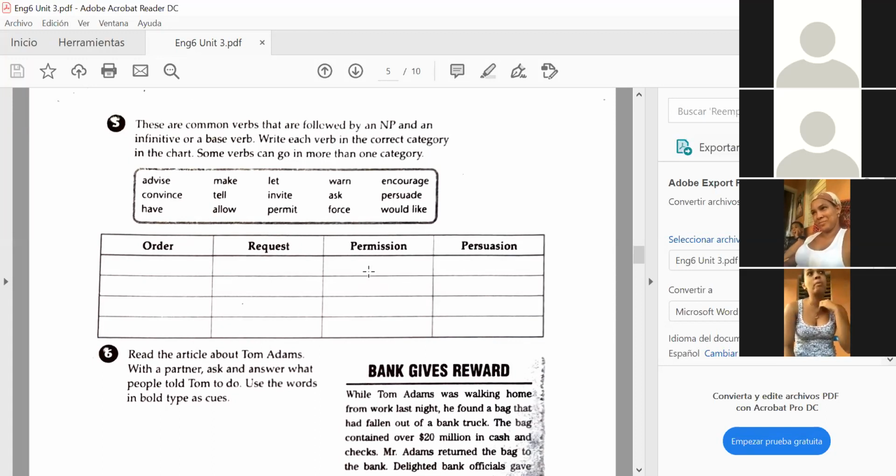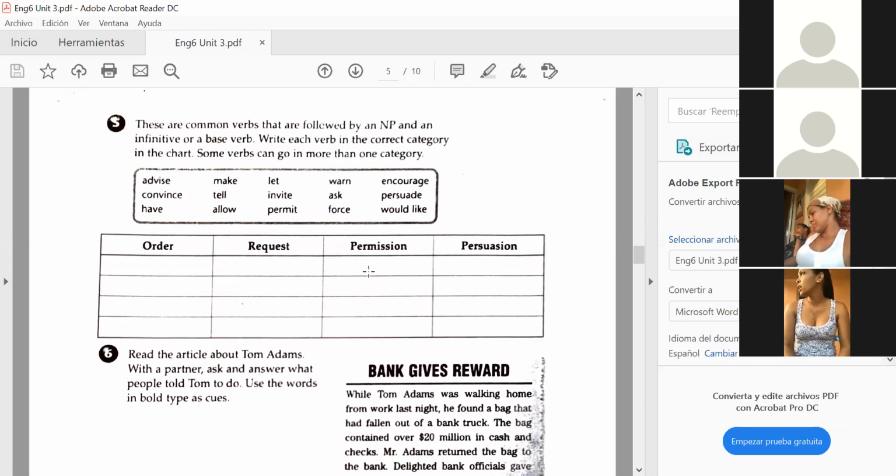Maybe you will find a verb that goes for request and persuasion, or for order and request. So you will have to discover those types of verbs that fall into different categories.